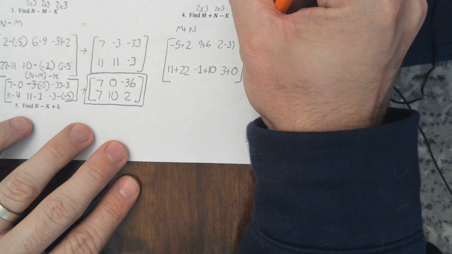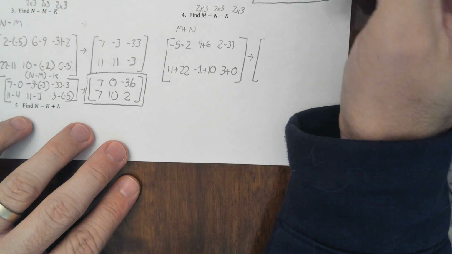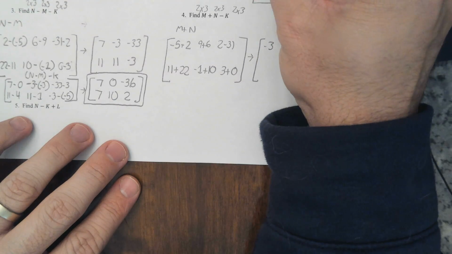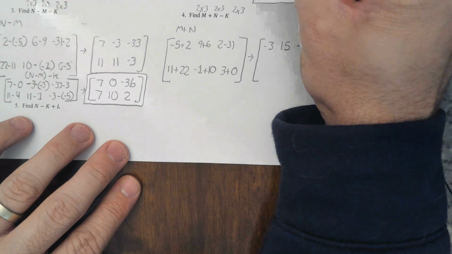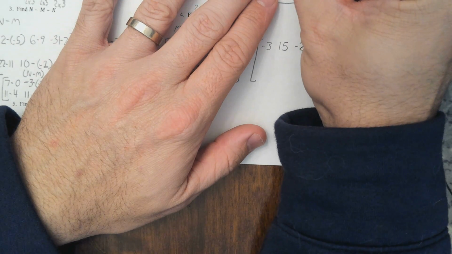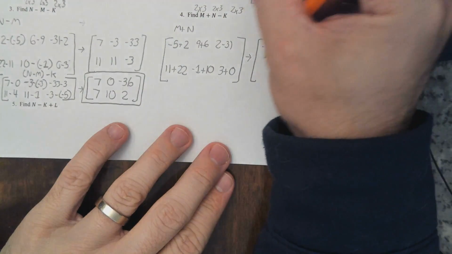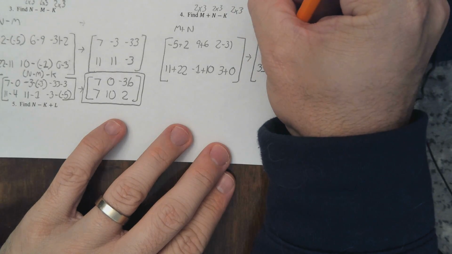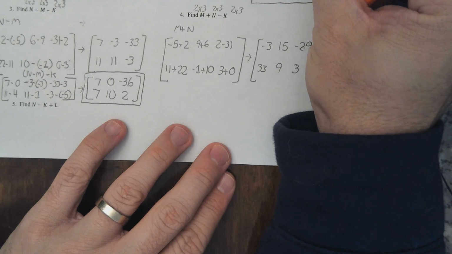Now let's see what I get here for m plus n. It's going to give me a negative 3, 15 (9 plus 6), 2 minus 31, negative 29. 11 plus 22, 33, negative 1 plus 10, 9, 3 plus 0, 3.